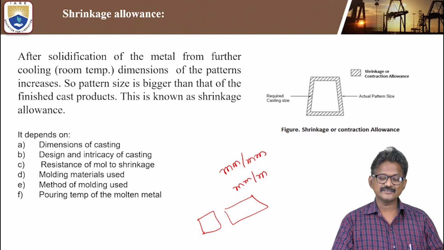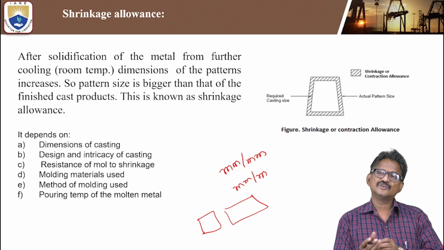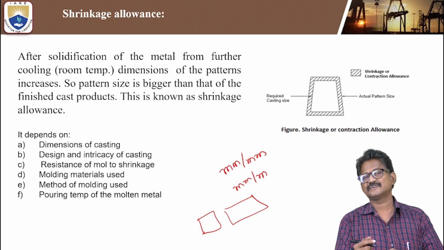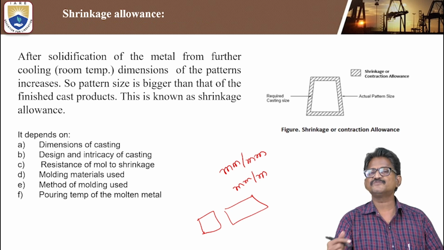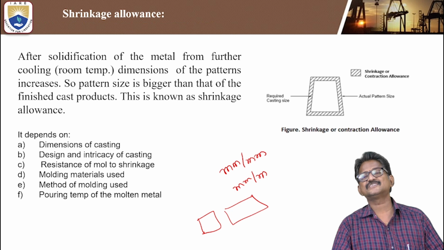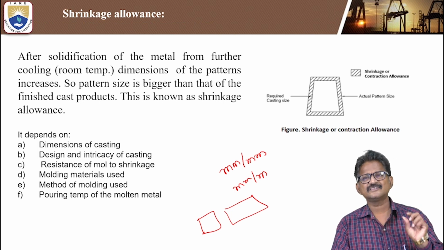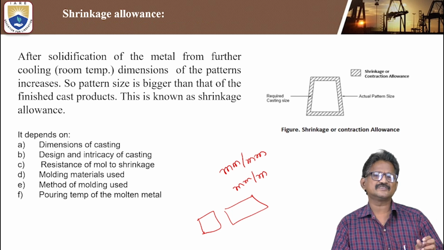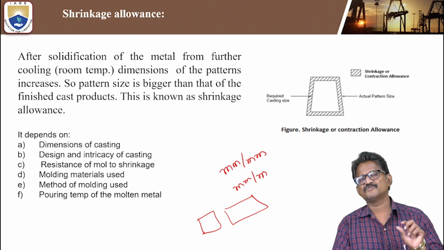And resistance of the mold to shrinkage. Whenever the mold is rammed, uniform ramming or appropriate ramming is needed; that resistance should be uniform, otherwise shrinkage may occur. And the molding materials used: depending upon the different types of molding materials, the shrinkage allowance will be provided.